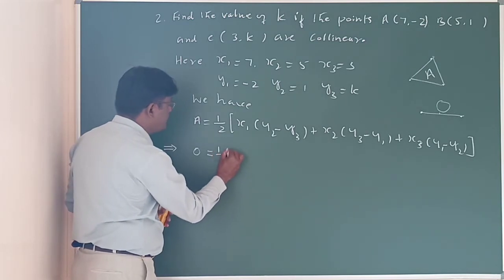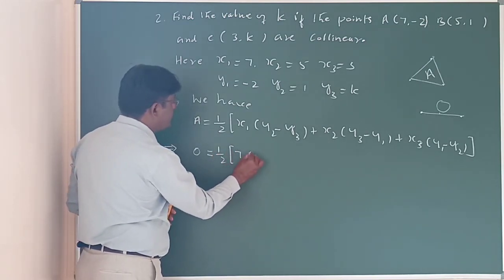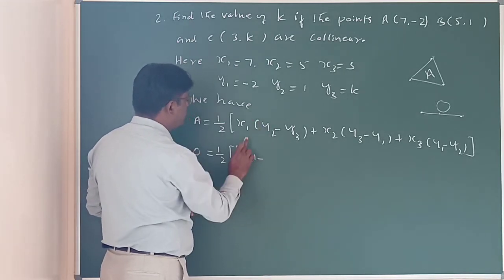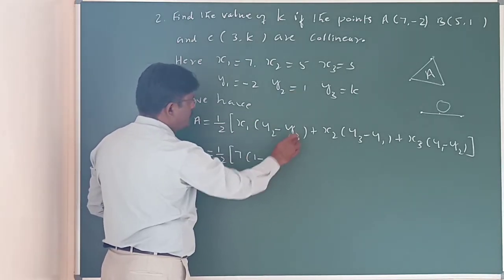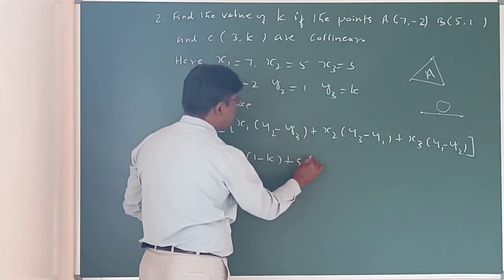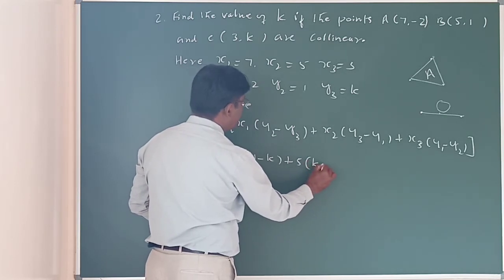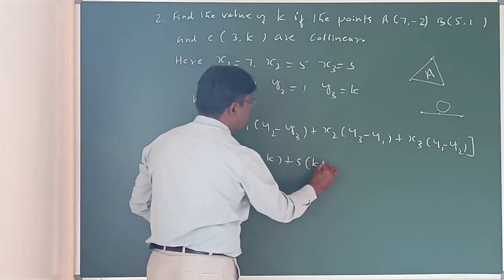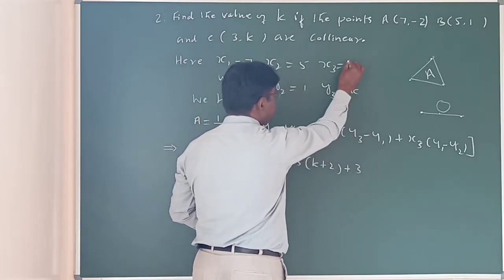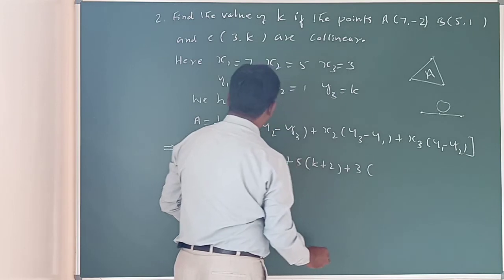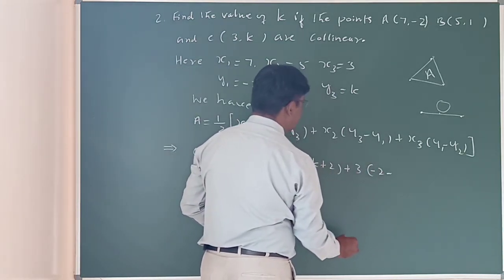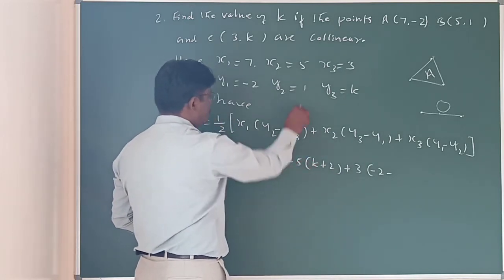0 equal to half of x1 7, y2 1 minus y3, correct? y2 1, y3 k, plus x2 5, y3 k minus y1, minus of minus plus 2, plus x3 3 into y1 minus 2 minus y2, y2 is 1.